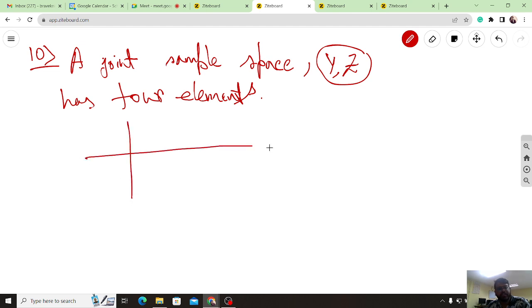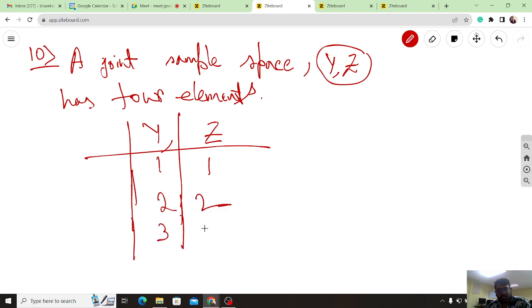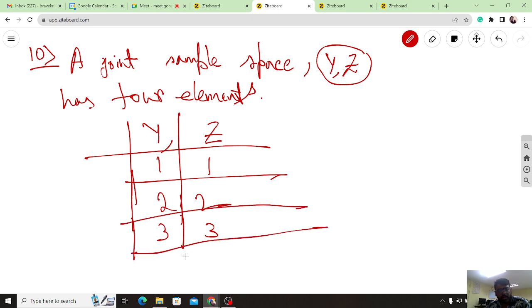So let me write it, y and z. The first is both can be 1, second is both can be 2, 3 and 4, 4.